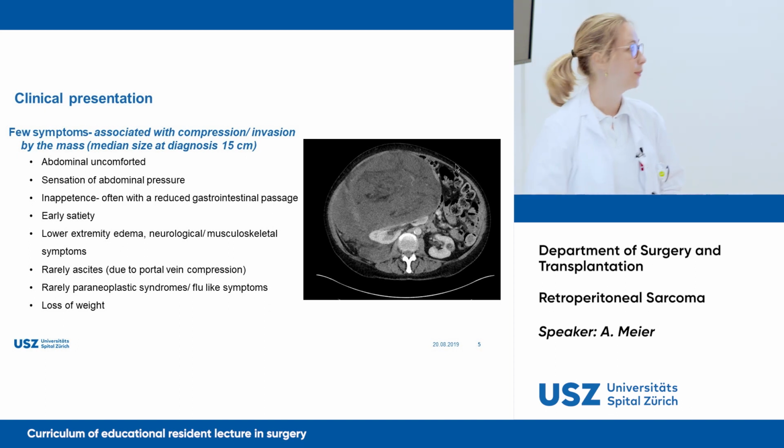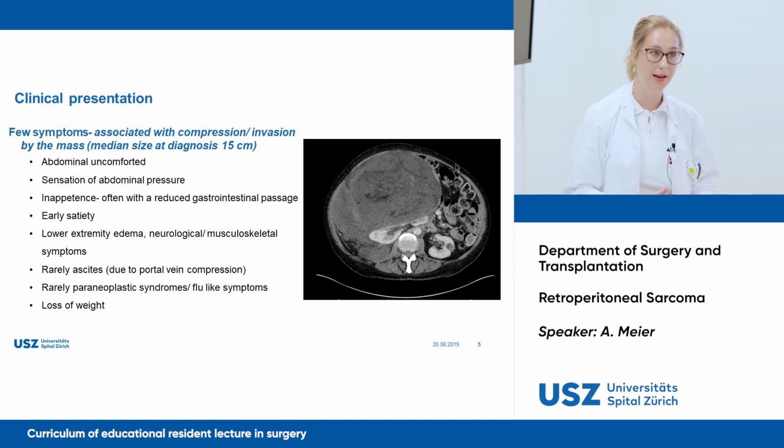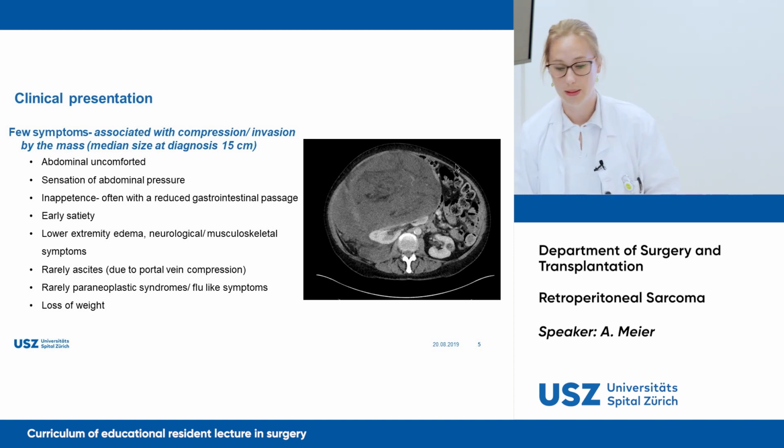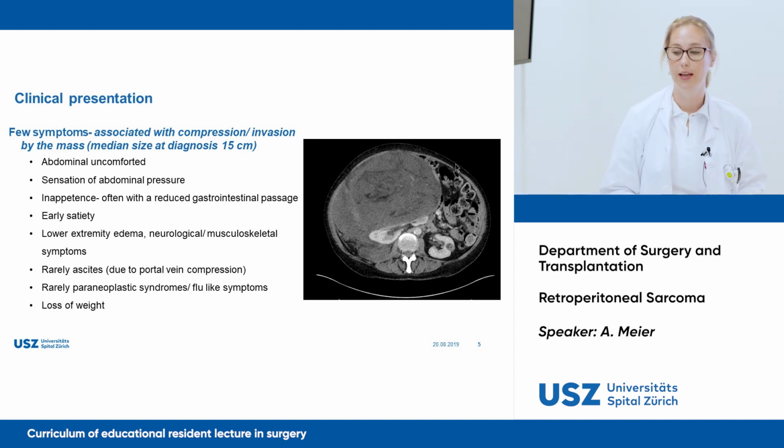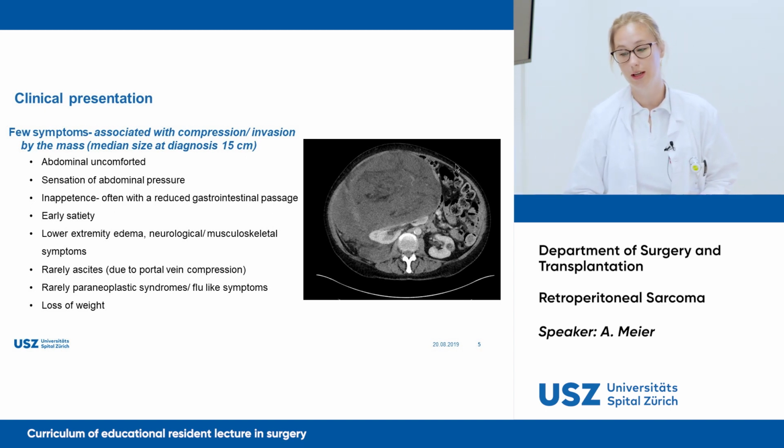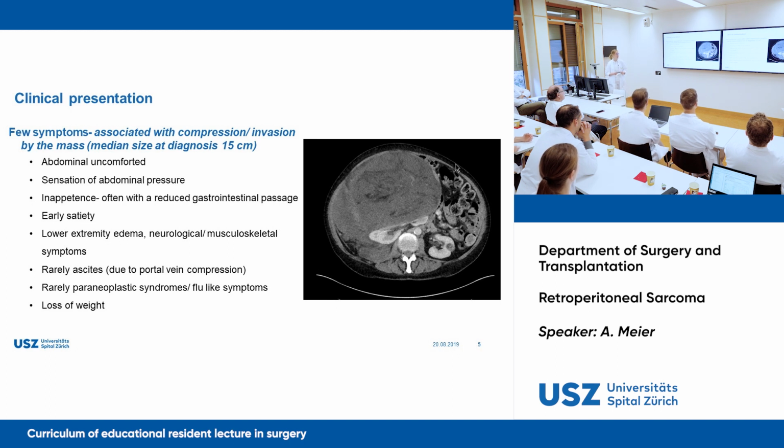When somebody is presenting with such a big mass in the body, symptoms come up: mostly abdominal discomfort, a sensation of abdominal pressure, impotence, early satiety, lower extremity edema, neurological or musculoskeletal symptoms. There is rarely ascites, which can be due to portal vein compression, rarely paraneoplastic syndromes or flu-like symptoms, and sometimes there is also a loss of weight, even though they may gain weight with the big tumor mass.